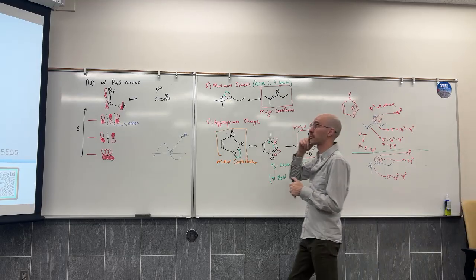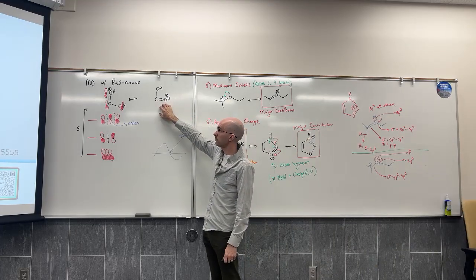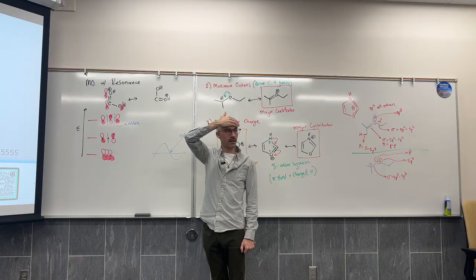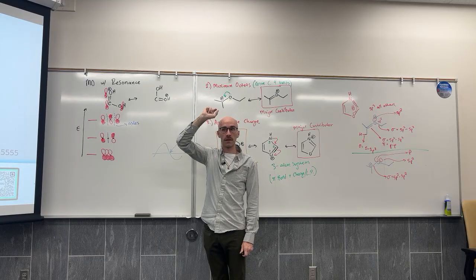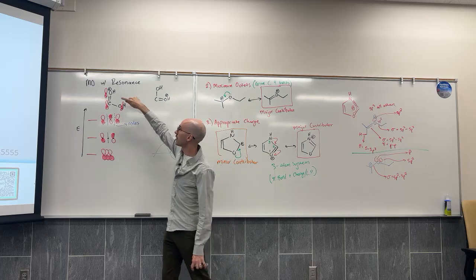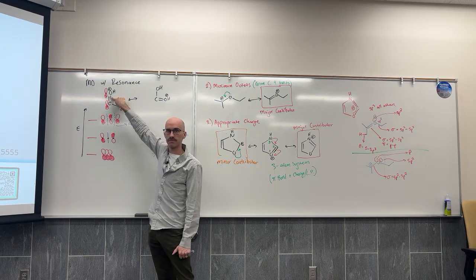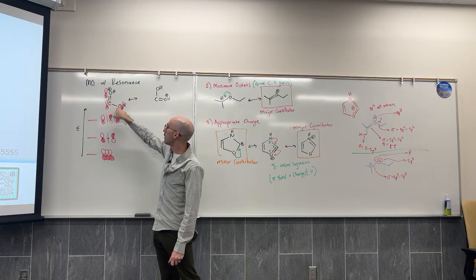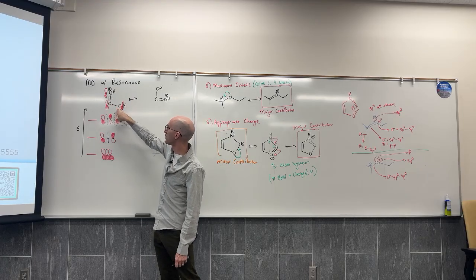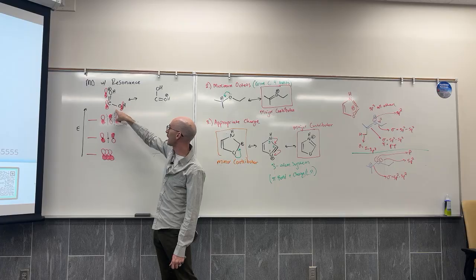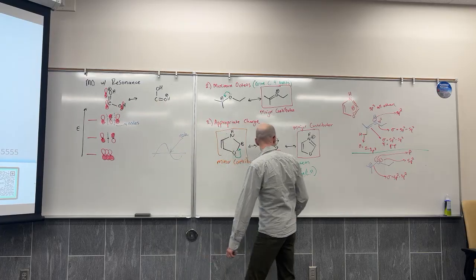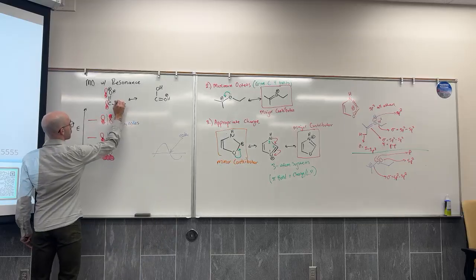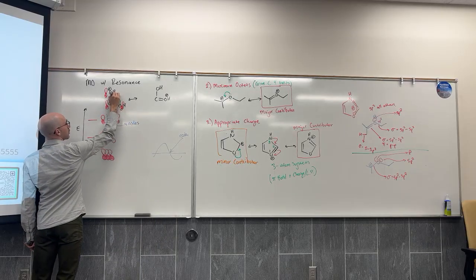Now let's fill in electrons from this system. These are only pi electrons. I'm ignoring sigma electrons. I'm focused on the pi system. There's obviously 1 pi bond. So those electrons are going to have to fill in. But there's also a lone pair from this other oxygen that is moving in to make a second pi bond. So I have 2 sets of pi electrons.